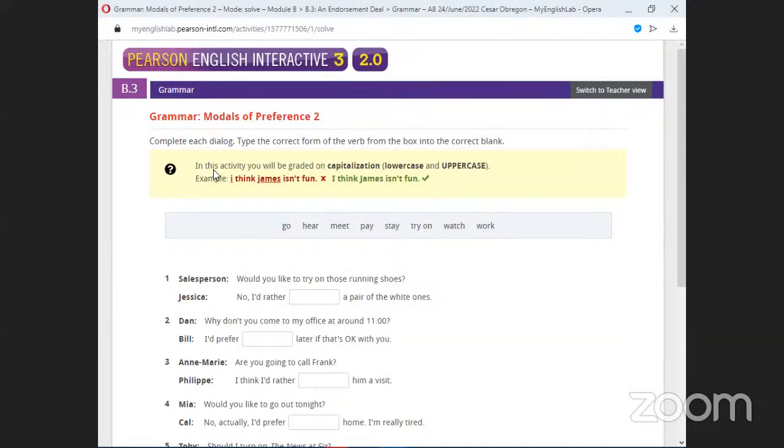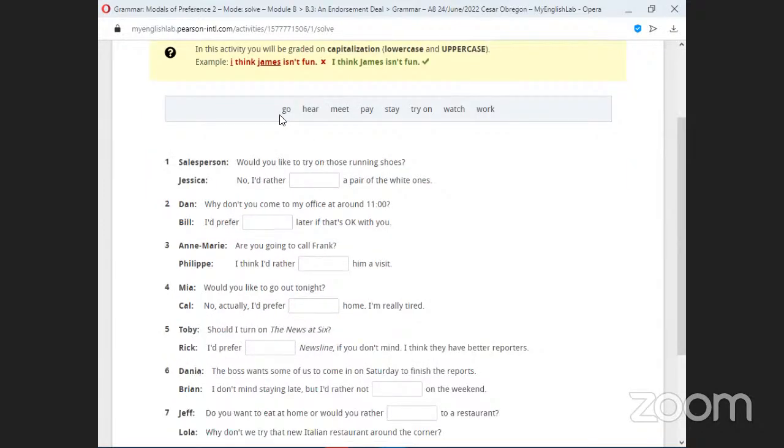Okay, so let's see. Modals of preference. Complete each dialogue. Type the correct form of the verb in the box into the correct blank. We have the word bank here. Would you like to try one of those running shoes?